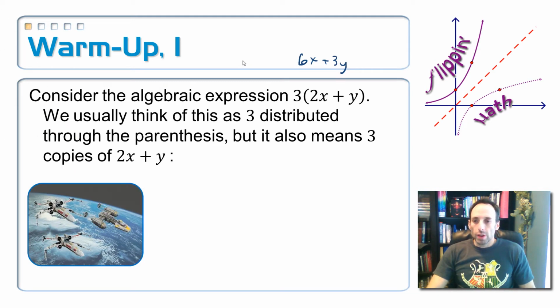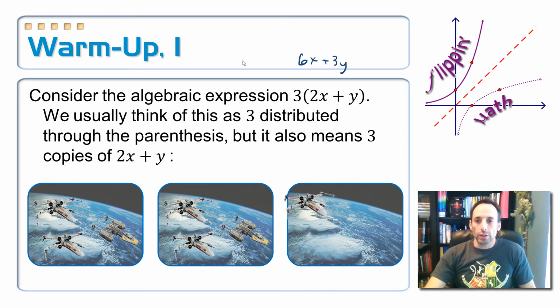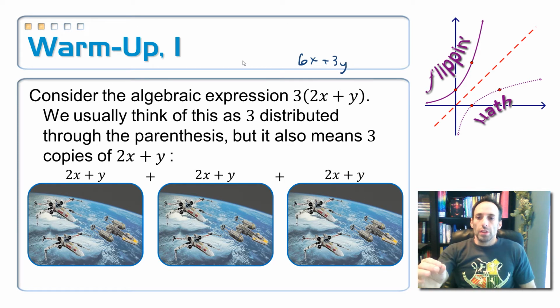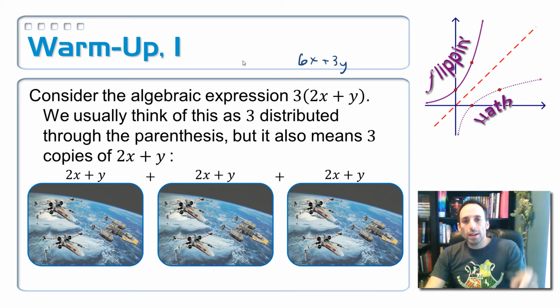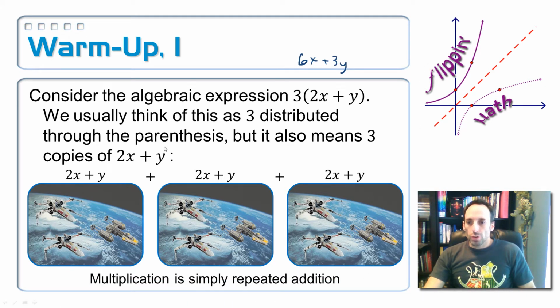Here I've got 2x wing fighters plus 1y wing fighter, and I have 3 copies of this. Each one of these represents visually the expression 2x plus y. What 3 times that means is that you are repeatedly adding those things together: the first one plus the second one plus the third one.